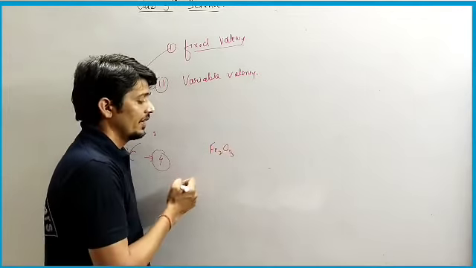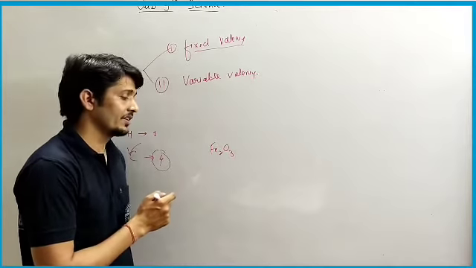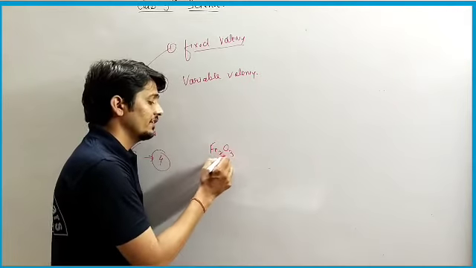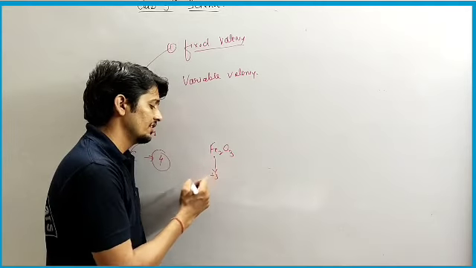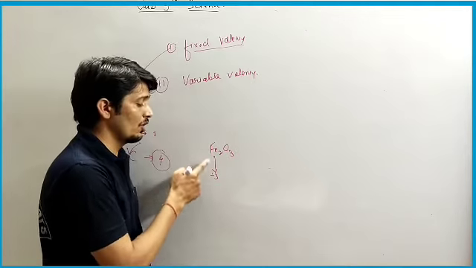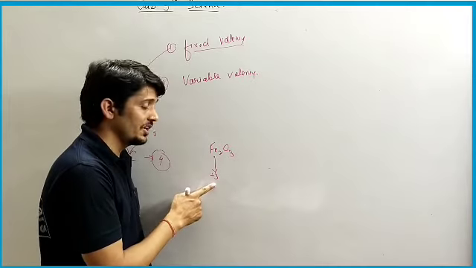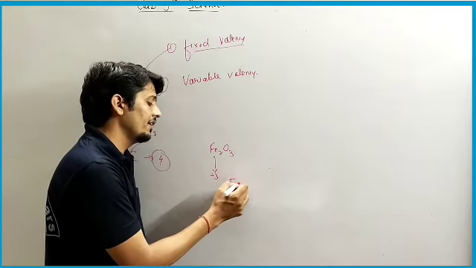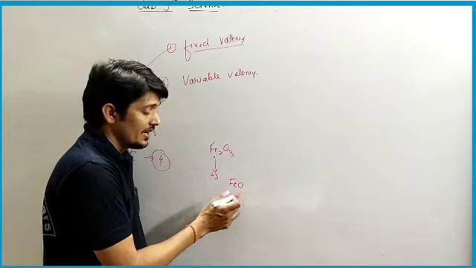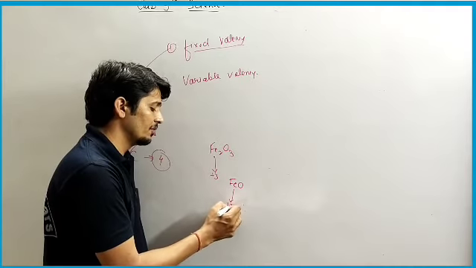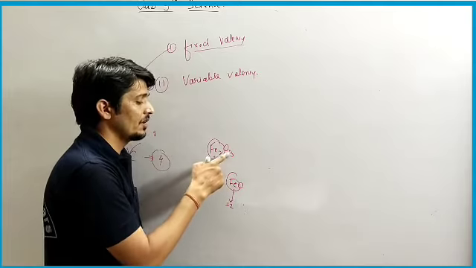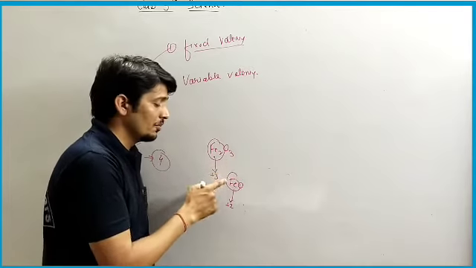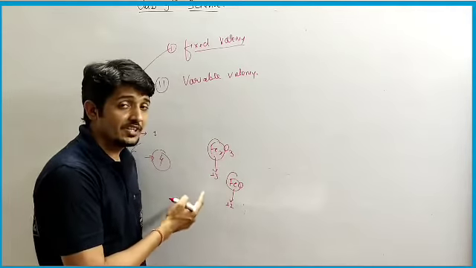In case of Fe2O3, it is ferric oxide. In ferric oxide, the charge on iron is +3. But in FeO, it is ferrous oxide. Here the charge on iron is +2. See, the iron atom is the same. It is combined with the other atom, but the valency of iron is changing here.